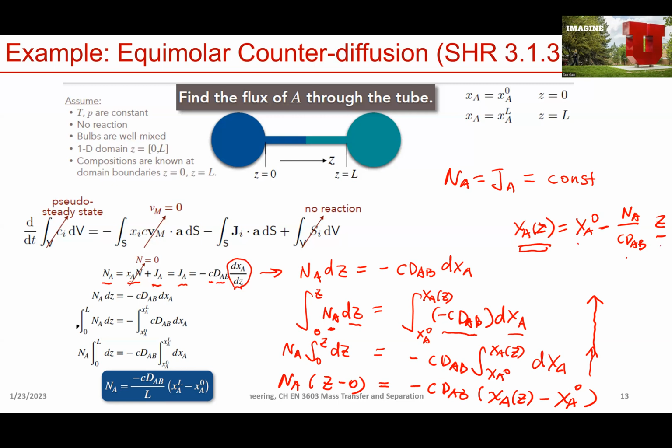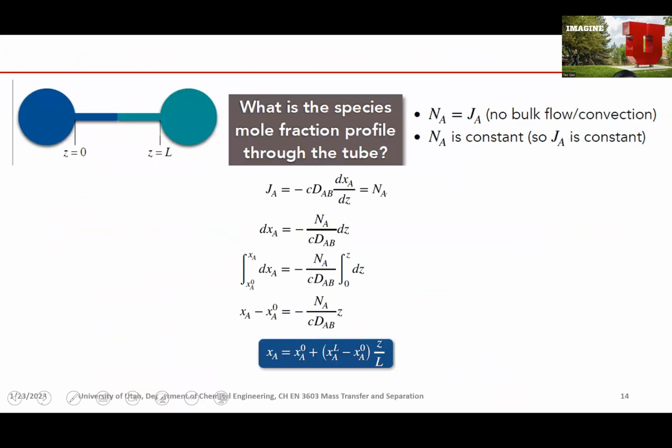And if you plug in Z equals L here, that will give you this. You can just rearrange it, you will get this. Okay, I think I'm ahead of myself. We just solve it here.